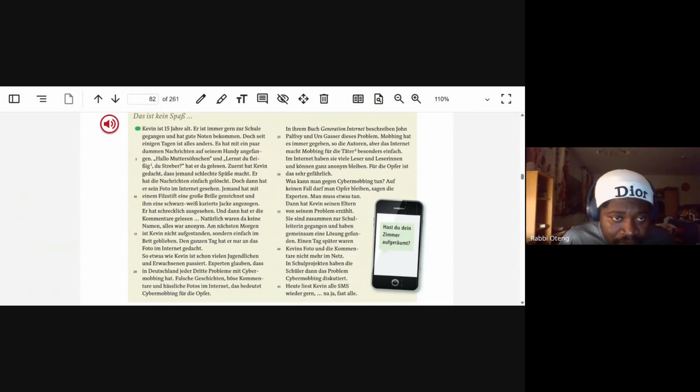Dann wo bin ich? Ja, sondern, okay, so am nächsten Morgen ist Kevin nicht aufgestanden, sondern er ist einfach im Bett geblieben. Sondern is rather, okay? You want to say maybe he didn't come to work, but rather he went to the Kino.